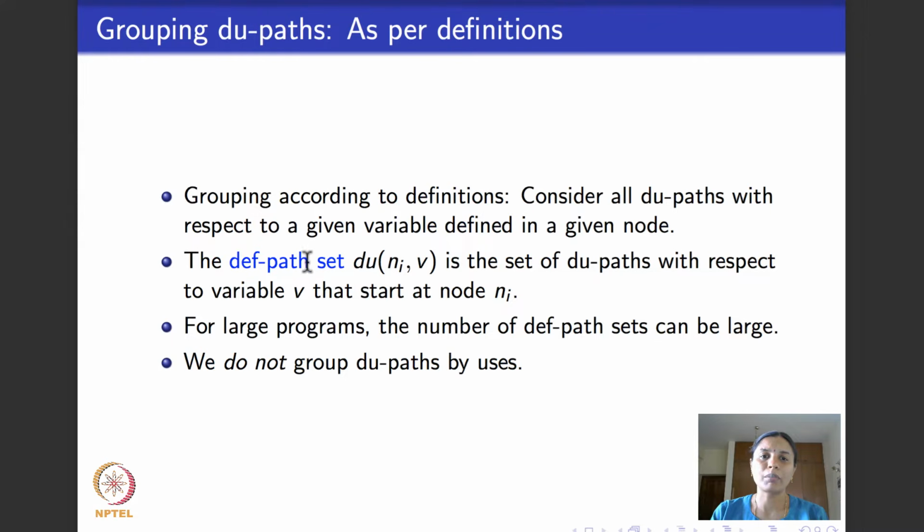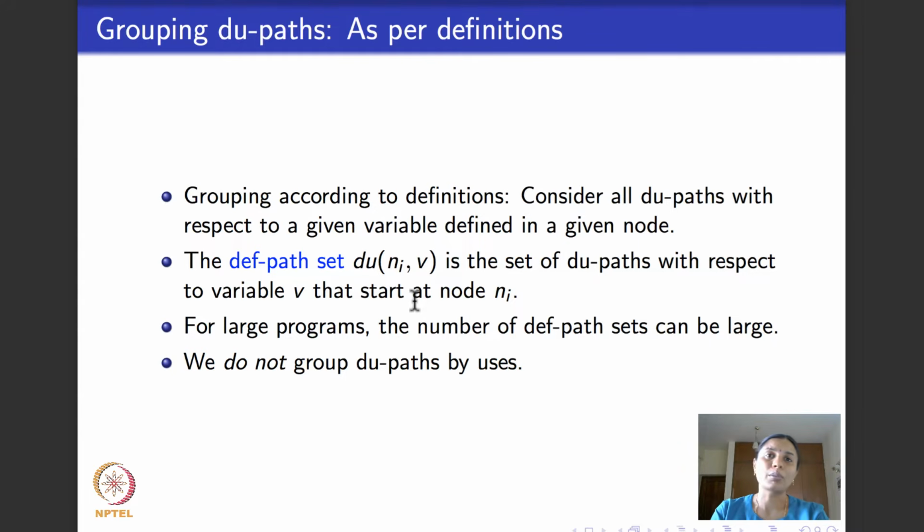So what is a def path set, called du of the variable V at the node Ni? It's the set of all DU paths with respect to the variable V that start at the node Ni. What is a def path set? A def path set at a node Ni for a variable V is the set of all DU paths that begin at that node Ni for that variable V.